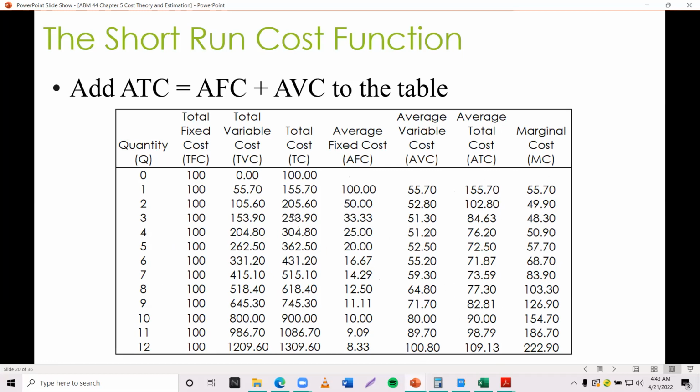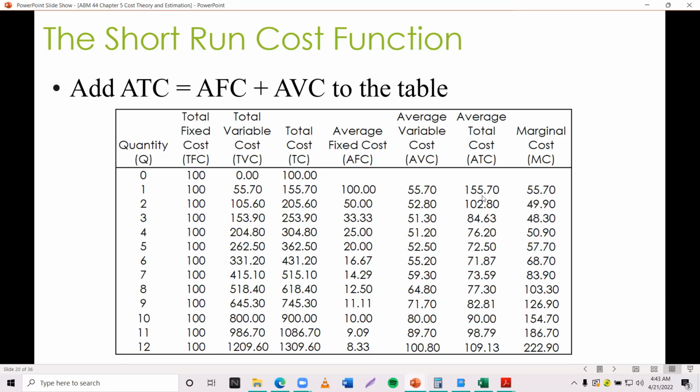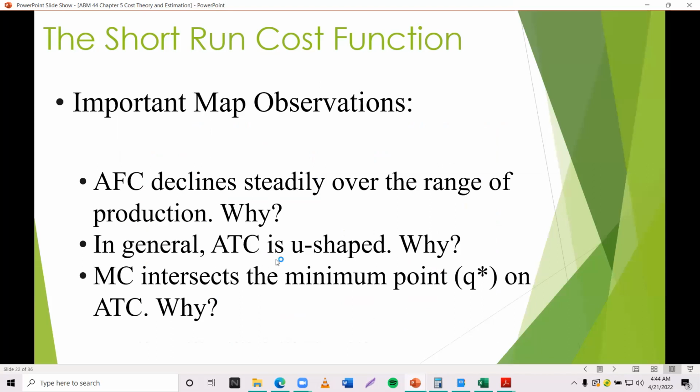It is because of the factors, especially our AFC, which diminishes over time. There is a negative relationship between AFC and AVC. The higher the AFC, the lesser the AVC, and the lesser the AFC, the higher the AVC. That's why our average total cost has a U-shape. Again, there is a negative relationship between ATC and AFC.